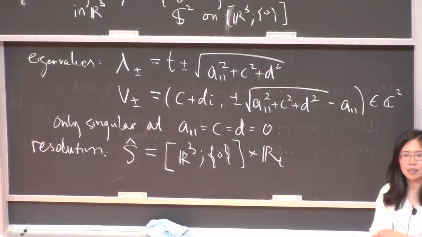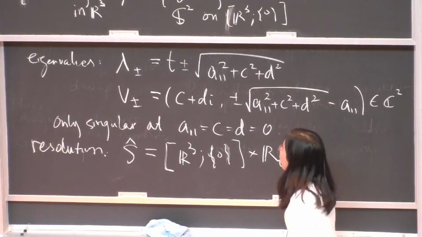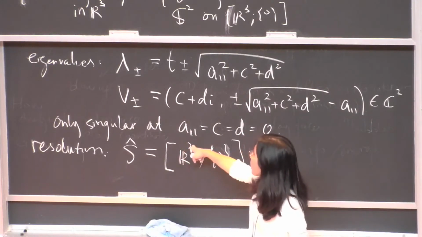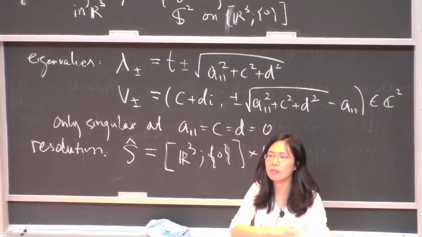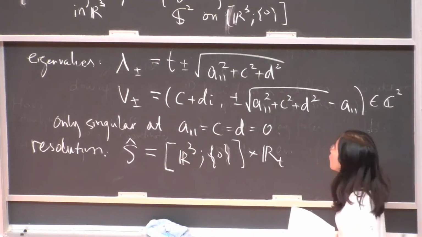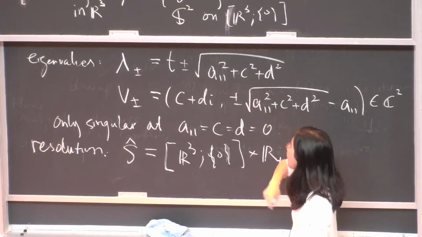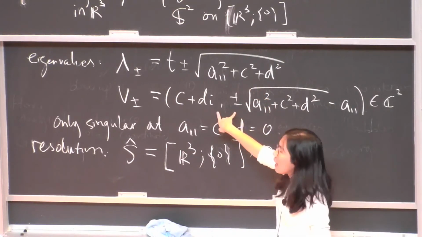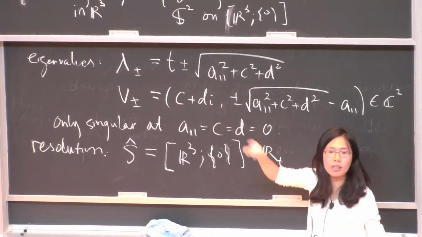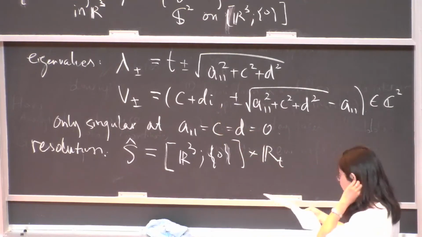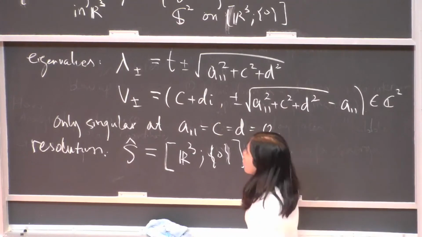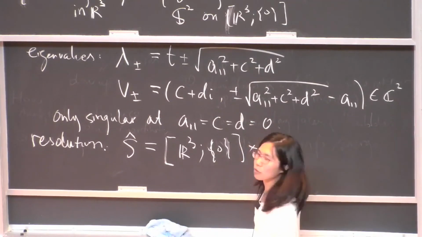That's the space, and it's just that simple. Here R^3 just means that I'm taking the space of A11, C, D and blowing up at 0. Once you resolve this, you can see that the eigenvalues become smooth, and you can also check that those eigenvectors lift up to be globally decomposed. And that's it for the proof when n equals 2.